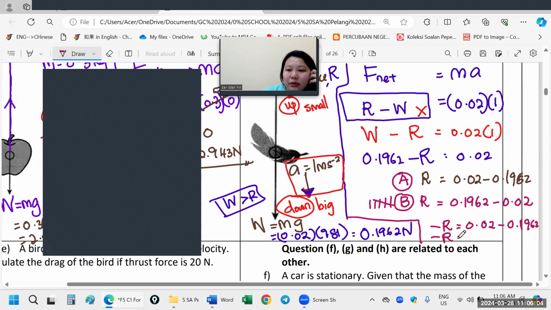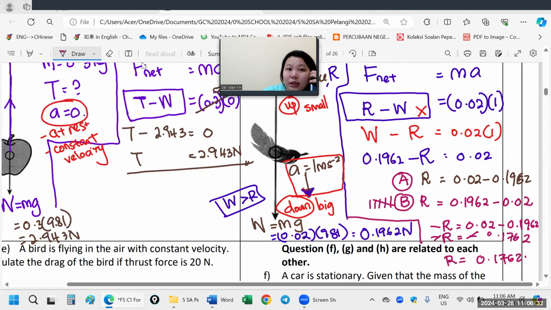Then negative R equals negative 0.1762. The negatives cancel. This one, okay. So 0.1762. Can. So actually, A cannot. Yeah, A cannot. Why?